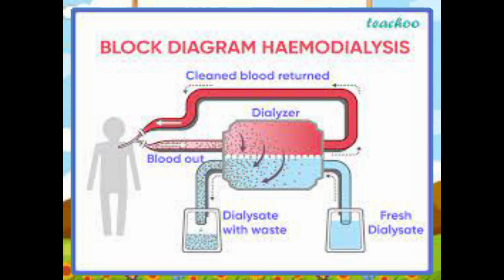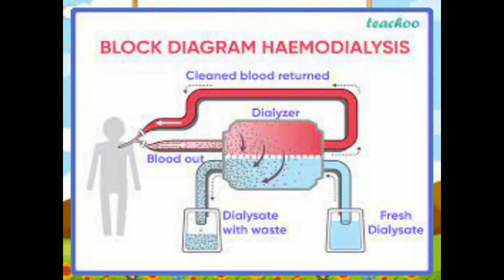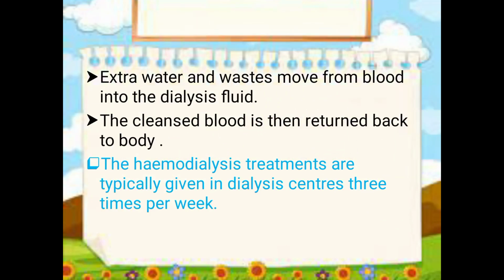The dialysate with the waste is drained out, while the blood that has been purified or cleaned is returned back to the body. The hemodialysis treatments are typically given in the dialysis center 3 times per week.